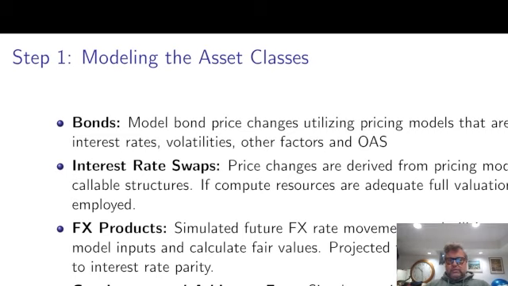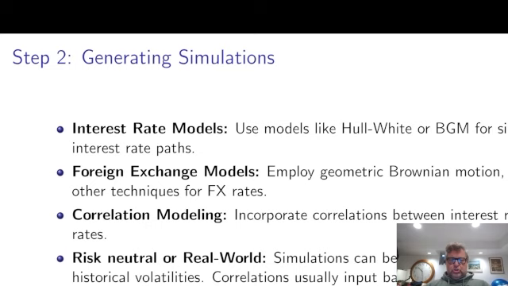Then you need to generate simulations. So for interest rate models, you have models like Hull and White or BGM. They generate future interest rate paths, not only of the spot rate, but of the whole curve. Then you have foreign exchange. So, for example, you can employ a Brownian motion, or you have a stochastic volatility model like Heston.